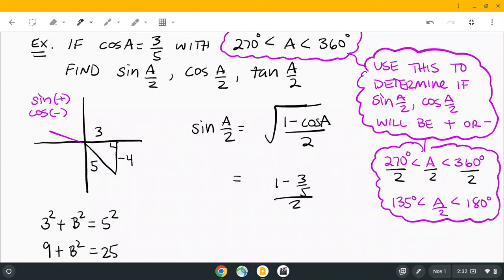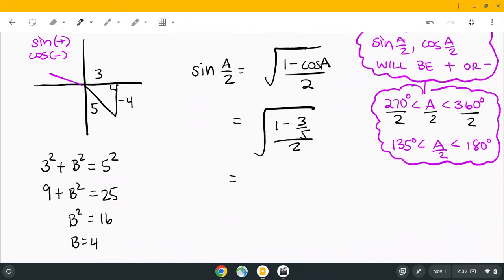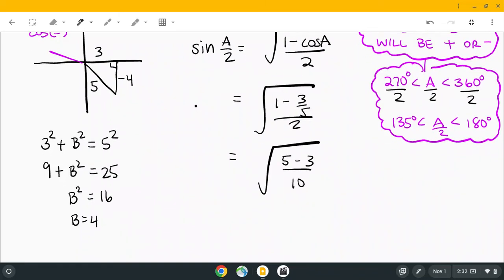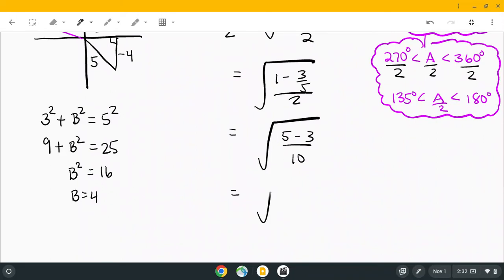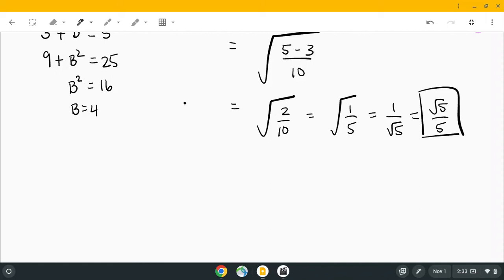I'm going to multiply everything by 5 to get rid of the small fraction within the bigger fraction. I get 2 over 10, which is the square root of 1 over 5. Square root of 1 is 1. If I rationalize the denominator, I get square root 5 over 5, and it should be positive.